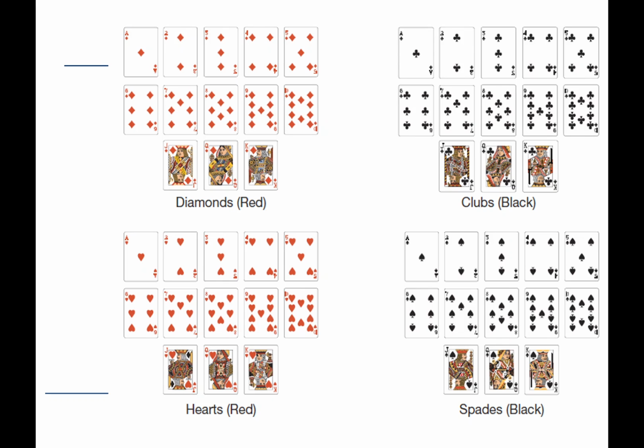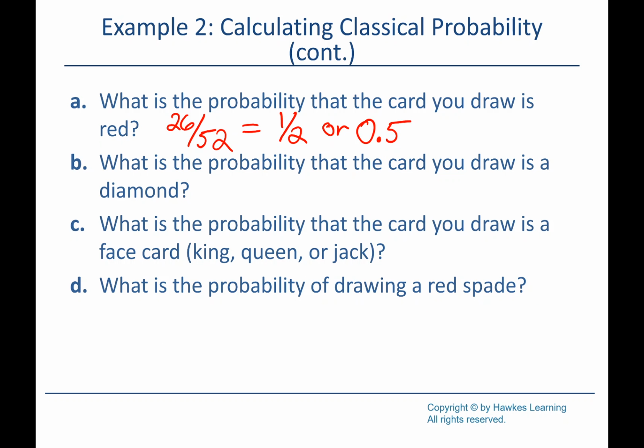We've got 13 that are in our event of being a diamond out of 52 total possible outcomes. As a fraction, that's 1 out of 4, or as a decimal, that's 0.25. Either one of those is okay. Questions on that one?